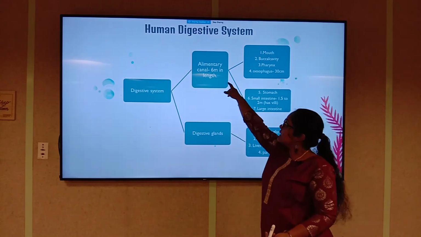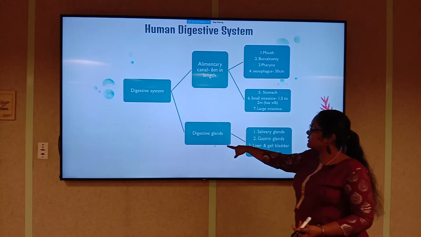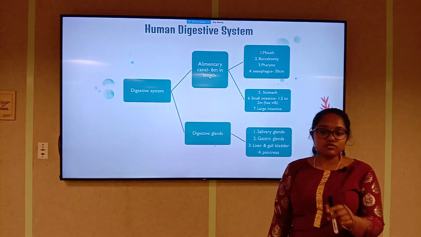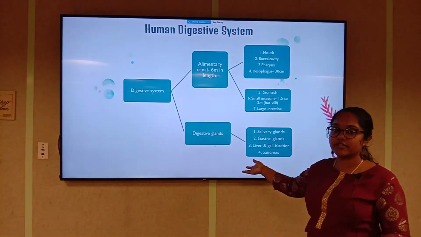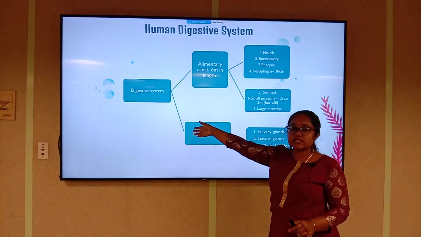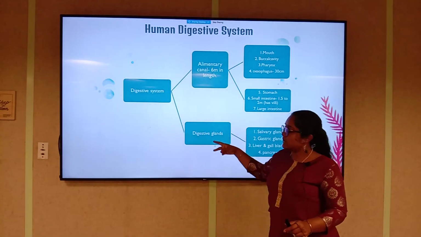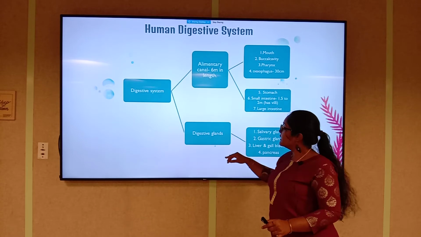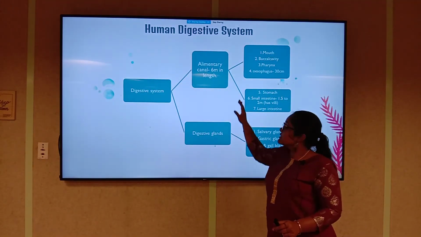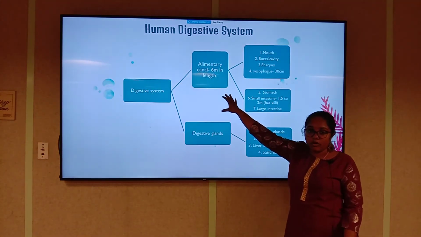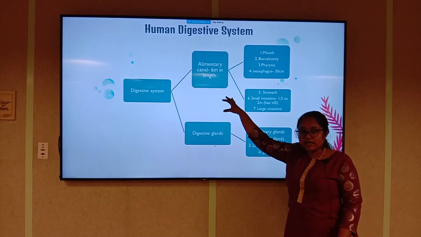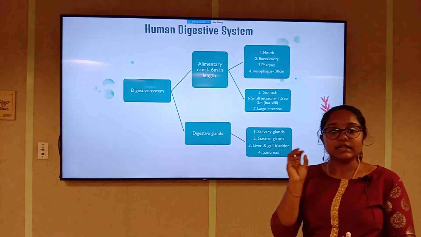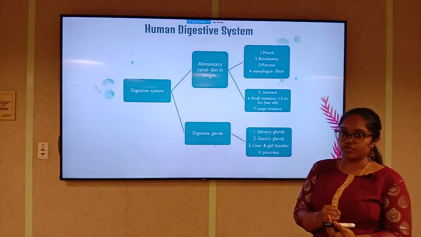One is the alimentary canal and the other is the digestive glands. Earlier, some 5-10 years back, there was no segregation like this. It's just an update in your textbooks. So the digestive system has been split into two: the alimentary canal or the gut, and the digestive glands. The alimentary canal is the set of organs that come in direct contact with the food substances, digest them and release the nutrients.